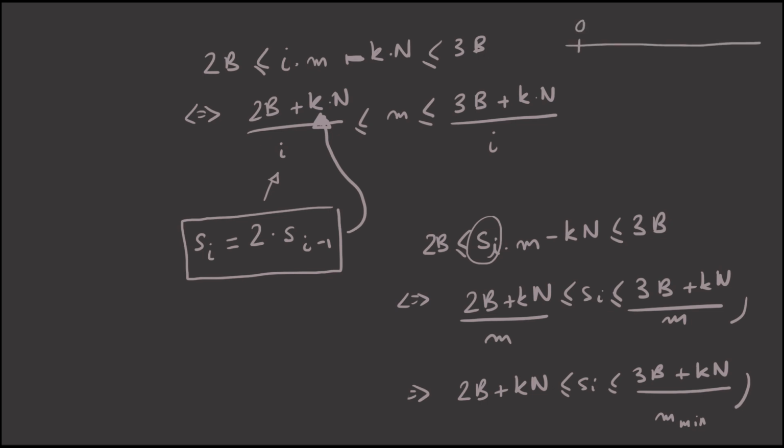Let's say that we have 0 and right now our range for m is this, with here being m min and here being m max, right? And here this thing is greater than m, so this whole thing will be bigger, and so we have a bound on SI if we want to have a PKCS compliant message here.